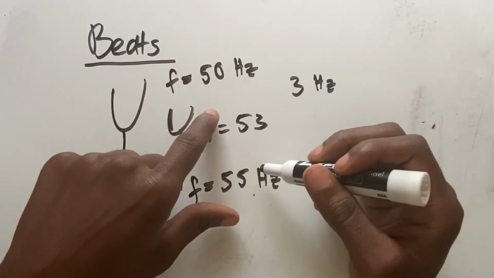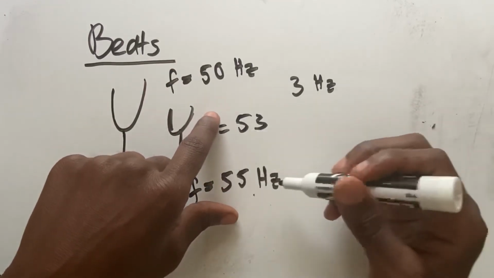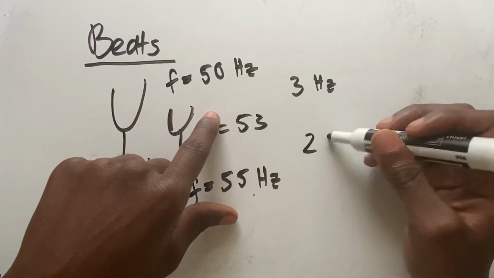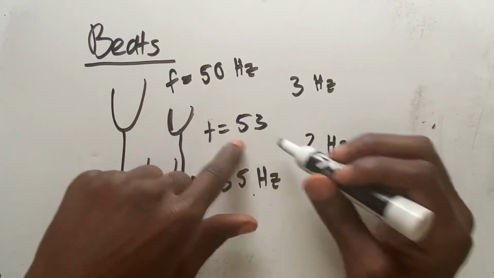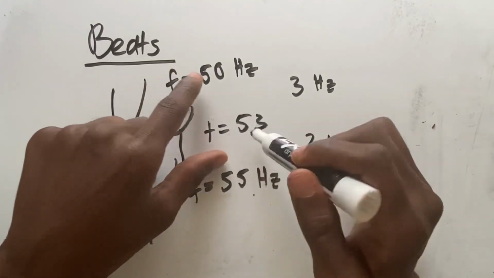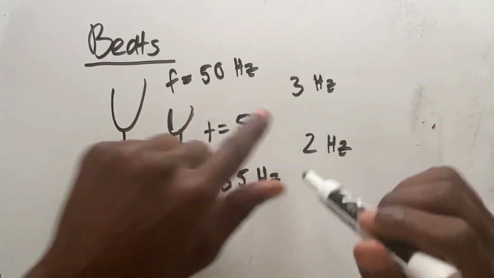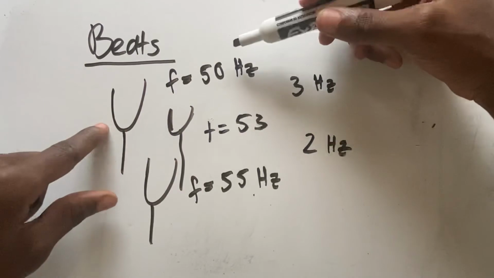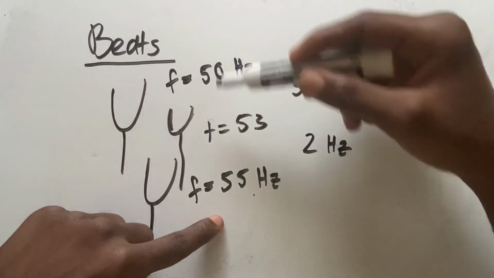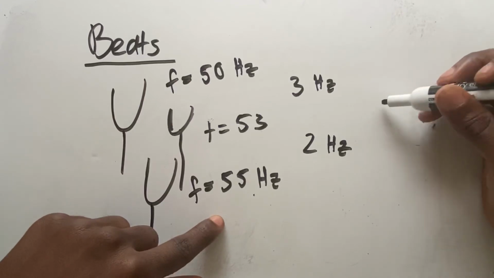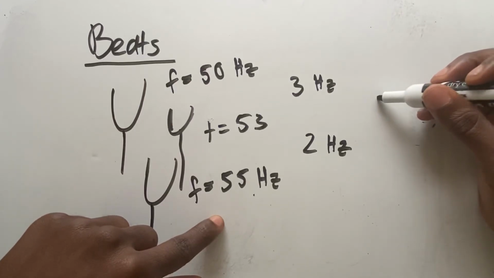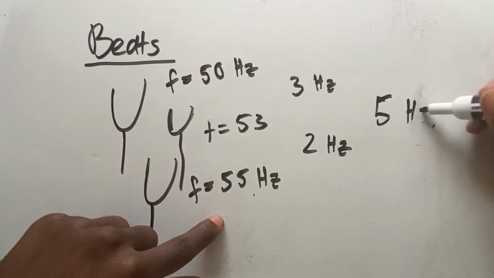And then these two are going to produce a beat of 2 hertz, because we did 55 minus 53 to get 2. Here we do 53 minus 50 to get 3. And then the 50 and the 55 are also still going to interact with each other, so it's also going to make a beat of 5 hertz. Boom.